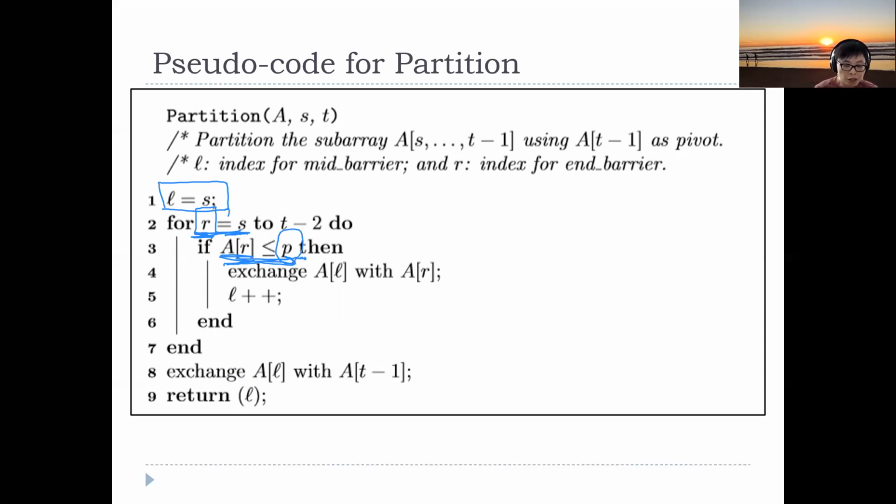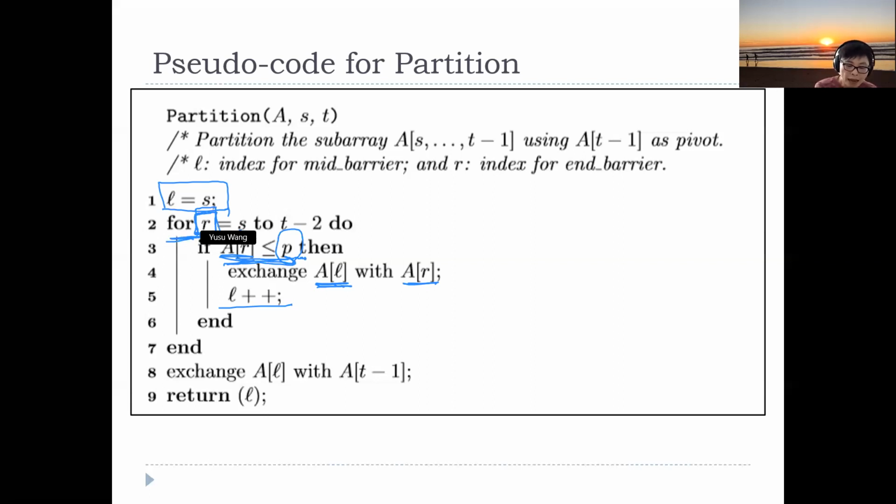So exchange this current one with the current mid barrier, the first non-pink element, and meanwhile we move the mid barrier pointer by 1. Increasing the end barrier R by 1 is automatic in this for loop.